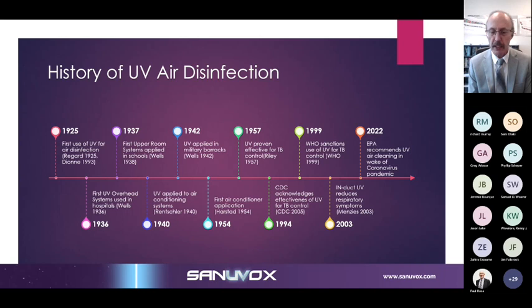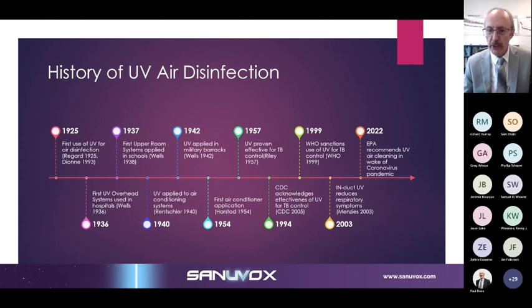The first placement of a UV system on an air conditioner, not only for cleaning the air, but for disinfecting of mold, occurred in 1954. It wasn't until 1957 that Riley demonstrated without question that UV could eradicate TB bacilli in the air, and it was some 30 years later the CDC acknowledged that UV could eliminate TB.